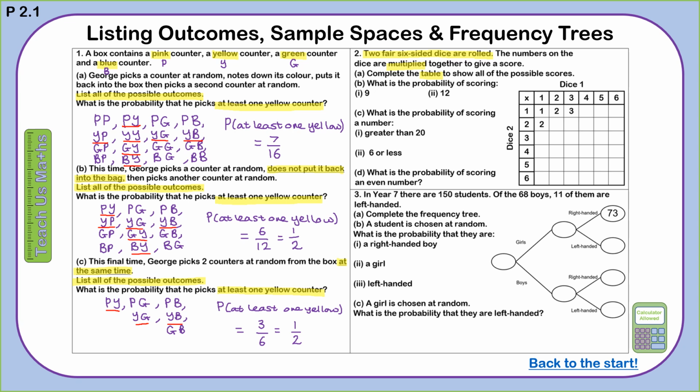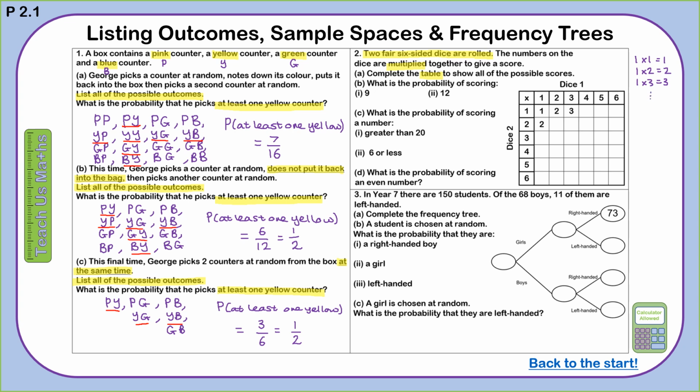So we could get a 1 on the first dice and a 1 on the second dice, giving a score of 1. We could get a 1 on the first dice and 2 on the second dice, giving a score of 2. We could get a 1 on the first dice, a 3 on the second dice, giving a score of 3, and so on.